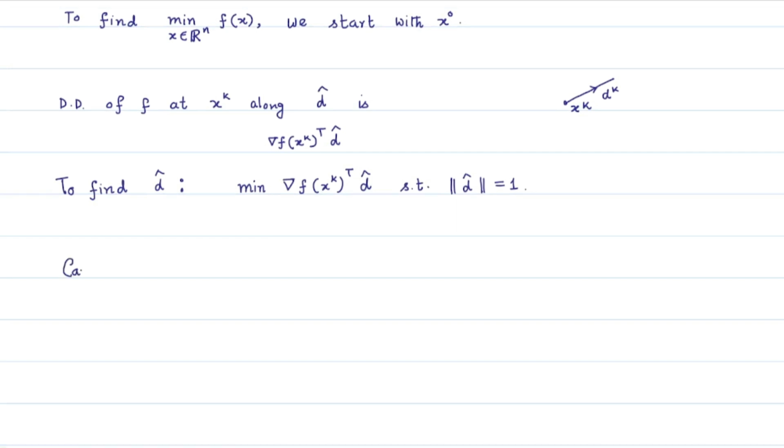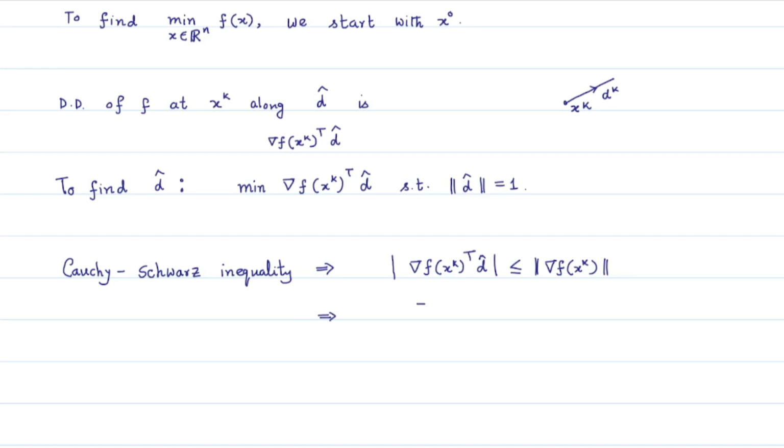By the Cauchy-Schwarz inequality, we see that the absolute value of the gradient at xk transpose d hat is less than or equal to the norm of the gradient times the norm of d hat, which is equal to 1, and hence the gradient at xk transpose d hat is greater than or equal to the negative of the norm of the gradient of f at xk.